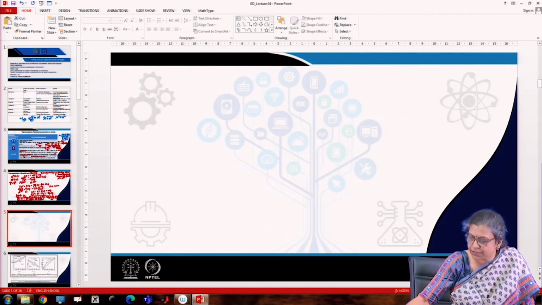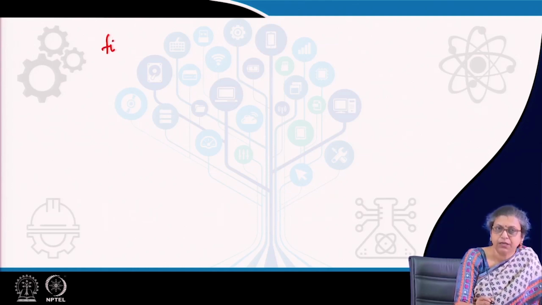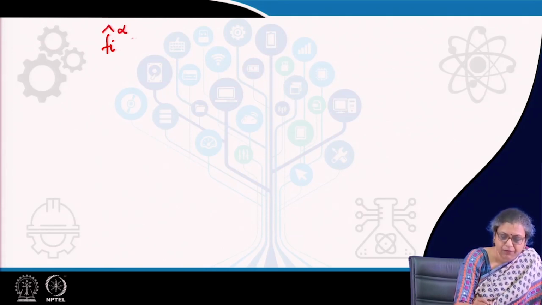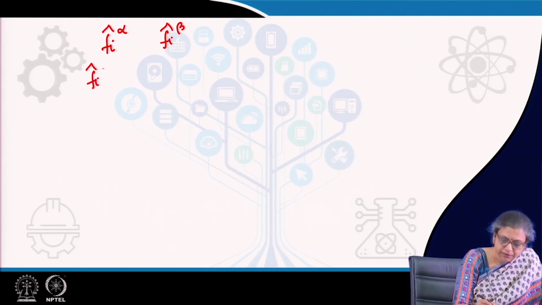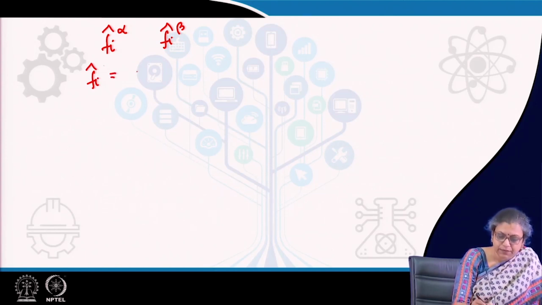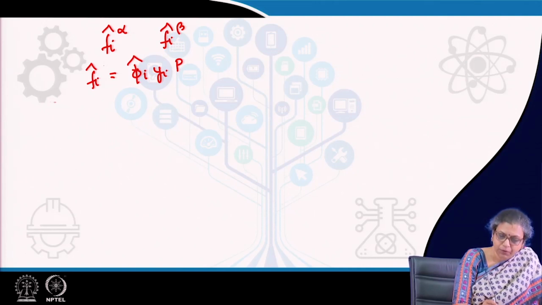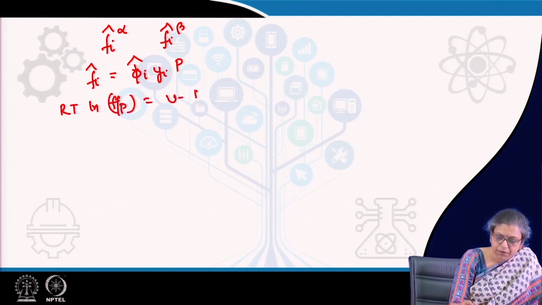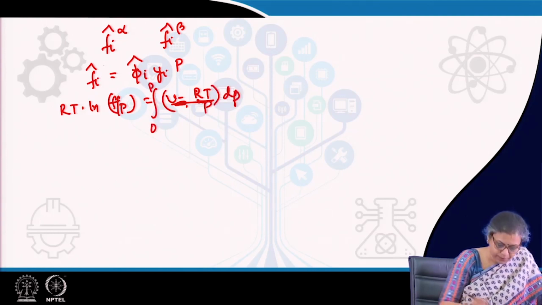In this case, our entire problem boils down to finding the fugacity of the component i in the alpha phase, and the fugacity of the component i in the beta phase, where Fi, say in the vapor phase or any particular phase, is nothing but phi i y i P. Because if you recollect from the last slide, for a pure component we had written that RT ln F by P was equal to the integral from 0 to P of V minus RT by P dP.